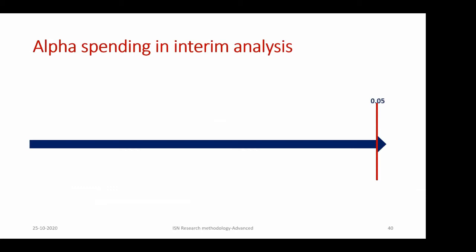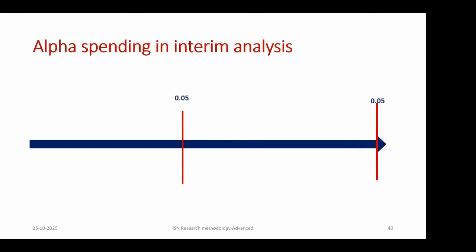Now, one potential problem with interim analysis is that whenever we handle the data, there will be an alpha error. And the alpha error is previously set as 0.05 or 0.01, whatever we had selected. So when we do an interim analysis at this point, if we preset the alpha error as 0.05, here we are spending the entire 0.05 alpha.